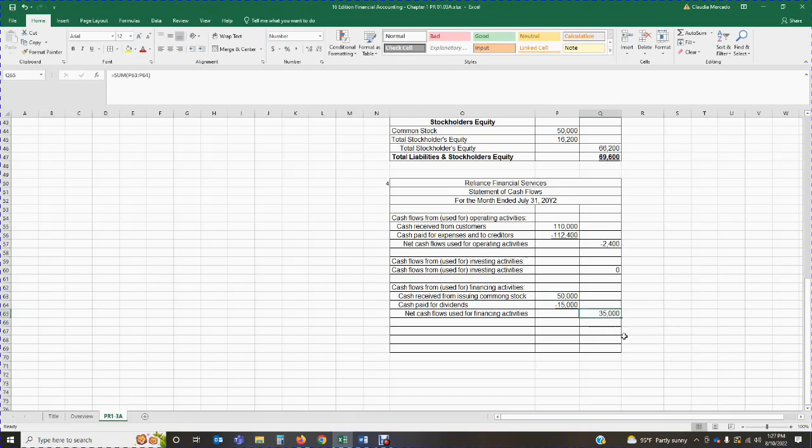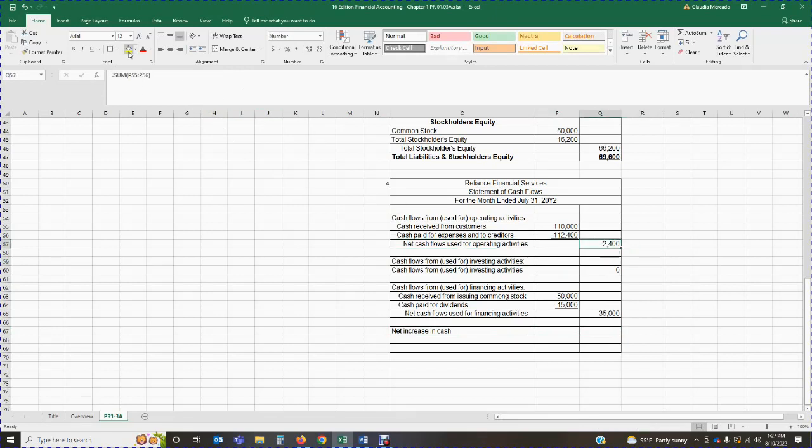Okay, so now we can calculate our net increase in cash. To do that, we're going to add your total for net cash flows for operating activities.